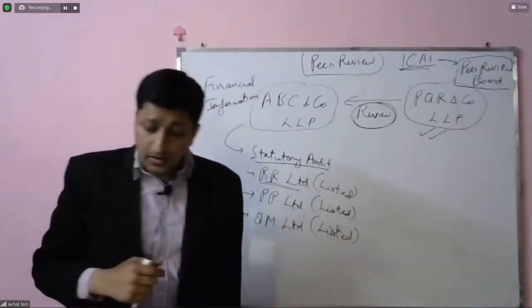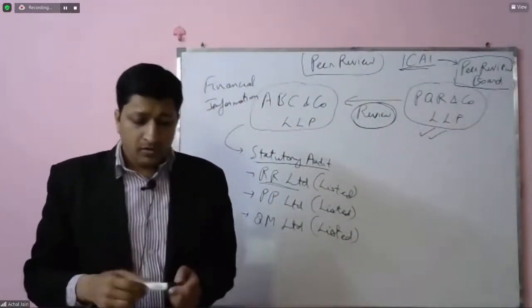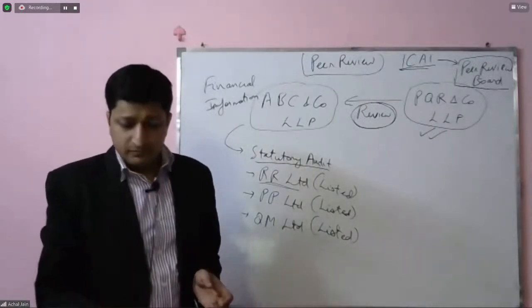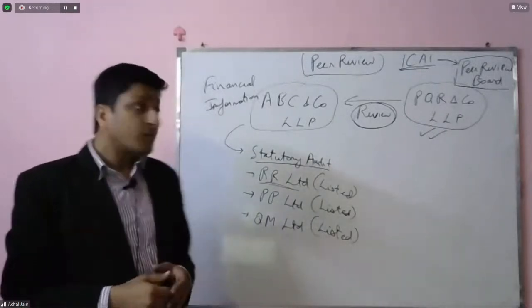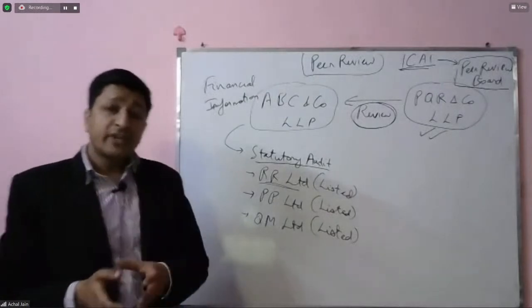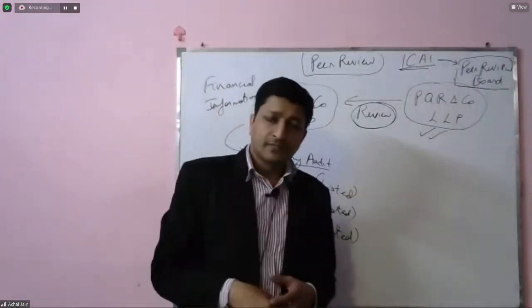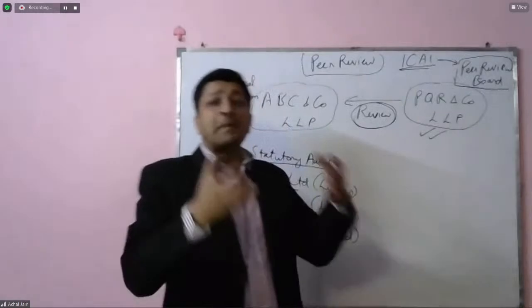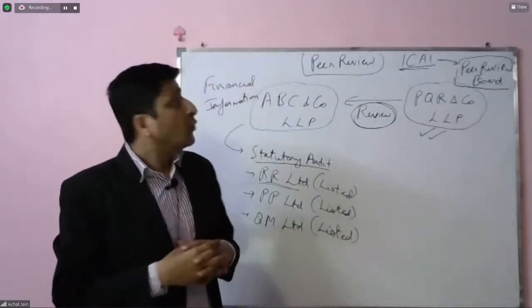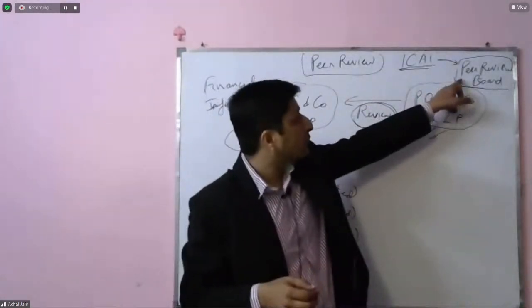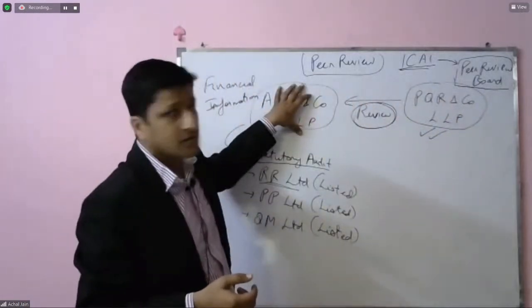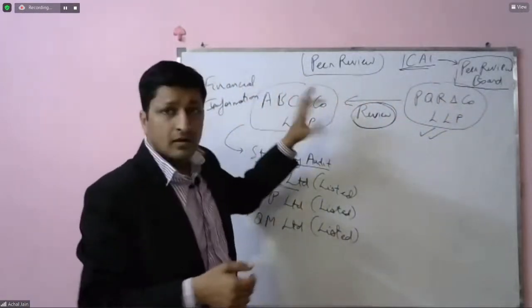Okay. Now, peer review board will not be doing this review. Peer review board will get various practicing units, various CA firms, empaneled with itself, who will then support the peer review board in carrying out this task. Okay, clear?